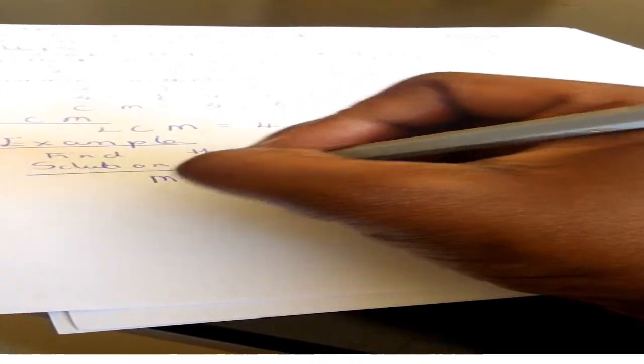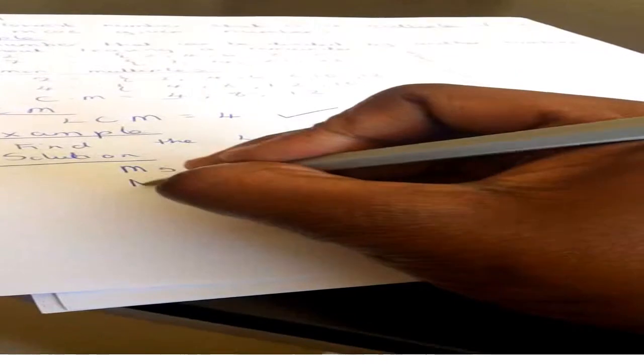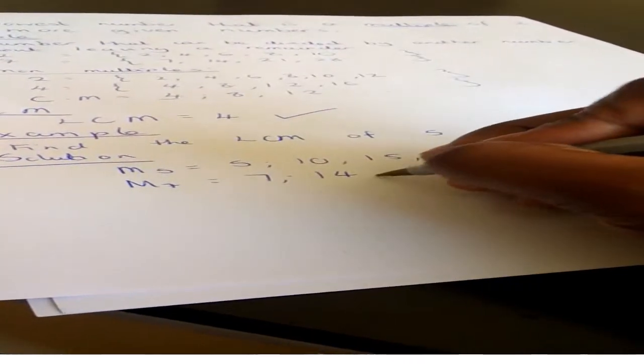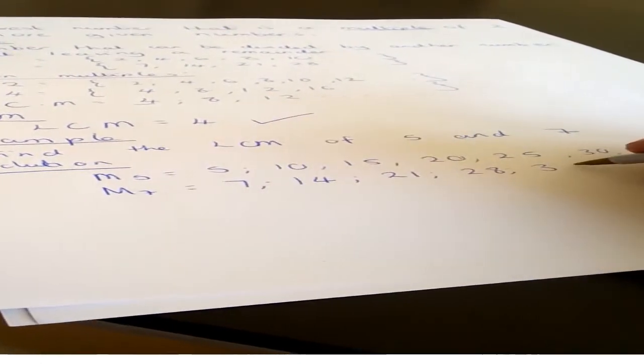We said first we write the multiples of 5: 5, 10, 15, 20, 25, 30, 35, 40, and so on. Then we write the multiples of 7: 7, 14, 21, 28, 35, 42, 49, and so on.